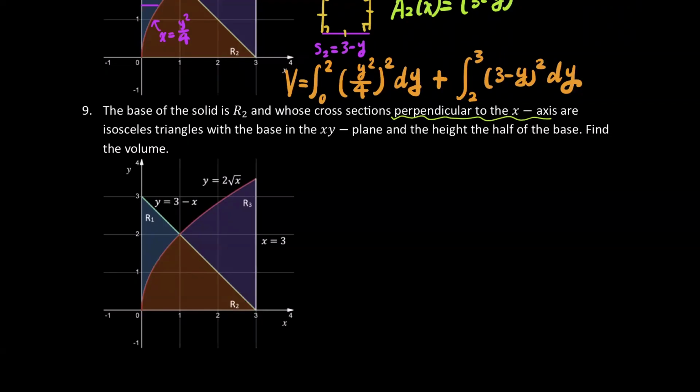So just like finding areas, if we do it perpendicular to the x-axis, we have to break it up into 2 pieces. And we're looking at isosceles triangle. The height is half of the base.